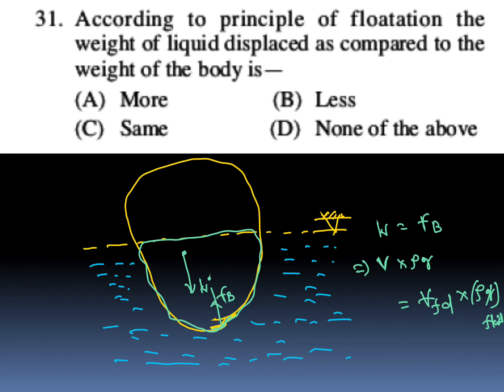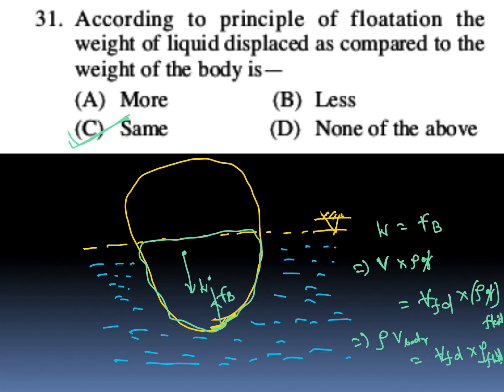Rho V of the body, this is for the body, is equal to the volume of fluid displaced times the density of the fluid. This is the condition for the principle of flotation. And we know the force of buoyancy is equal to the weight of the liquid displaced. So volume of the fluid displaced times density of fluid times g.